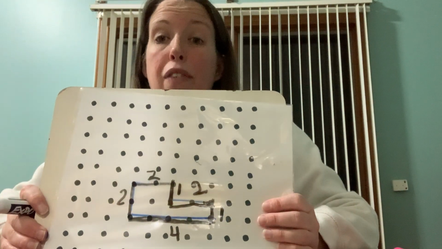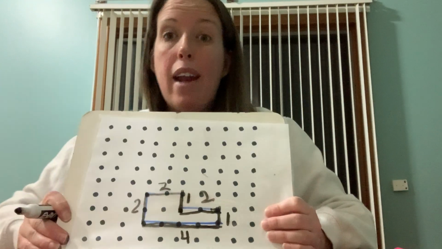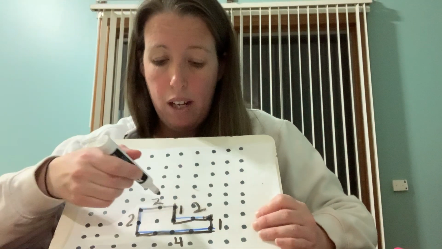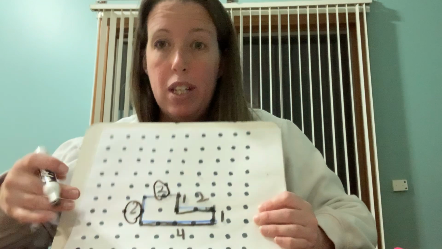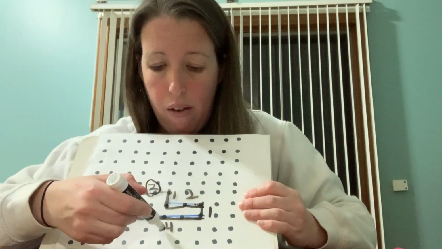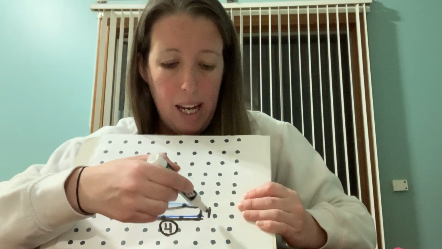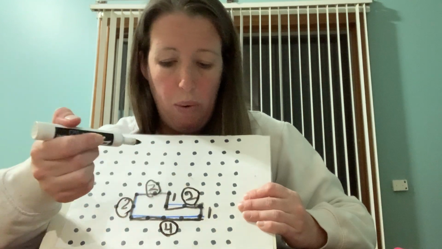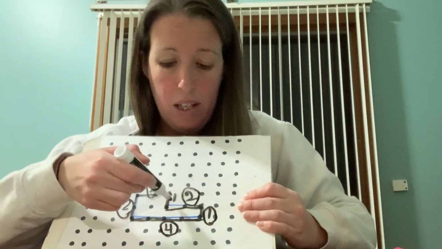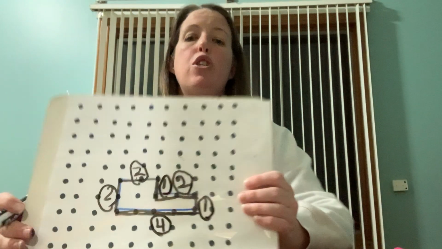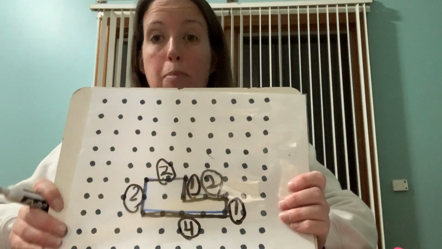So if I want to find the perimeter, I have to add up all of those units. So 2 plus 2 is 4. 4 plus another 4 is 8. Plus 2 is 10. And then this one and this one would give me 11, 12. So this shape has a perimeter of 12 units.